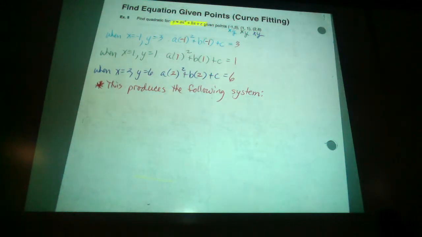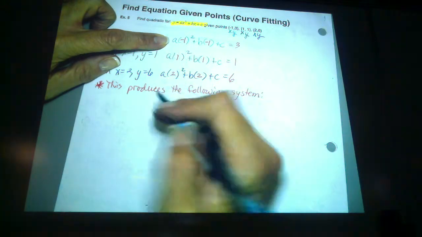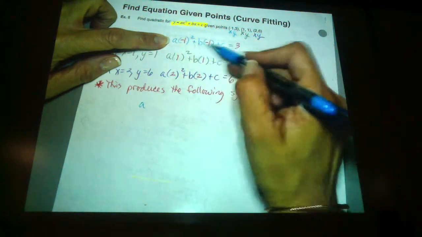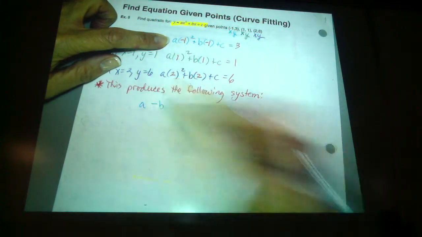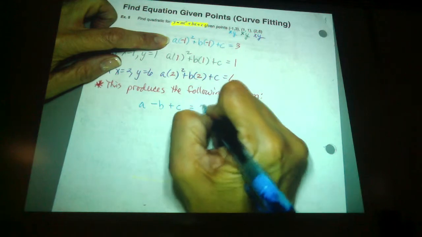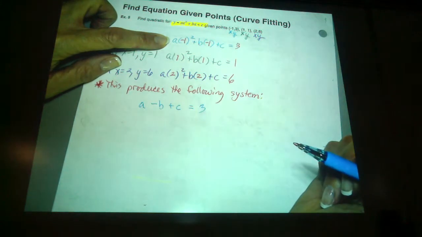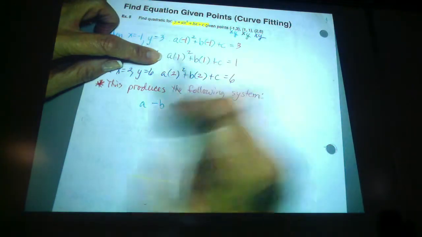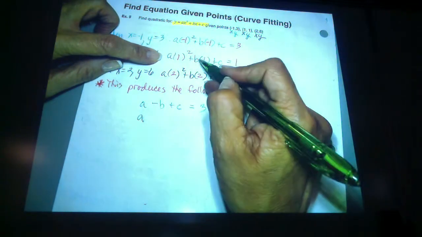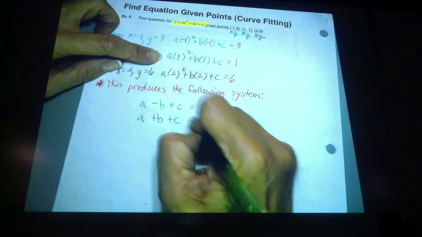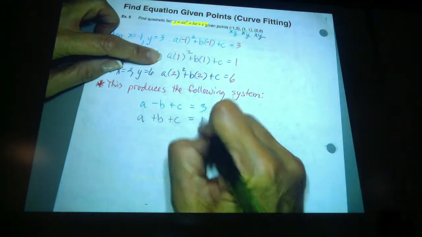All right, so let's find our equation. So this first one, -1 squared, is just 1 times a is a. -1 times b gives us a negative b. C stays plus c equals, the 3 doesn't change. So there's one equation. Our second equation, 1 squared is 1, times a is a. 1 times b is b, so plus b, plus the c equals 1.